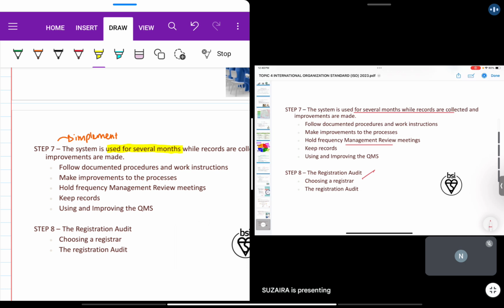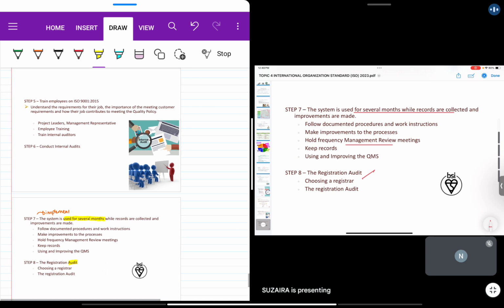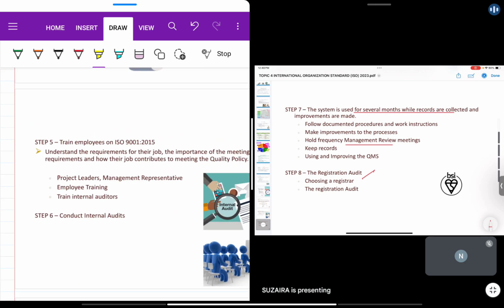Last but not least, you register for the audit, because you have already conducted the internal audit, and now you want to get the certificate. So of course you need to call upon the registrar to do the external auditing process.